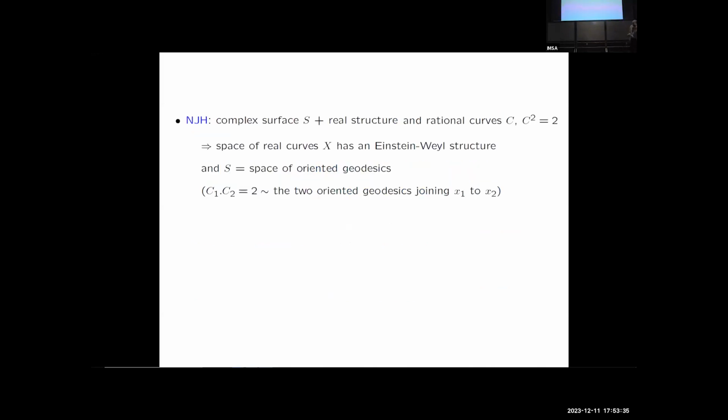It was a miniature version of twistor theory, so mini-twistor. The point was that if you have a complex surface with a real structure, and you have a family of rational curves of self-intersection 2, then the space of real curves has Weyl structure. And the point about this is that the surface S is the space of oriented geodesics.